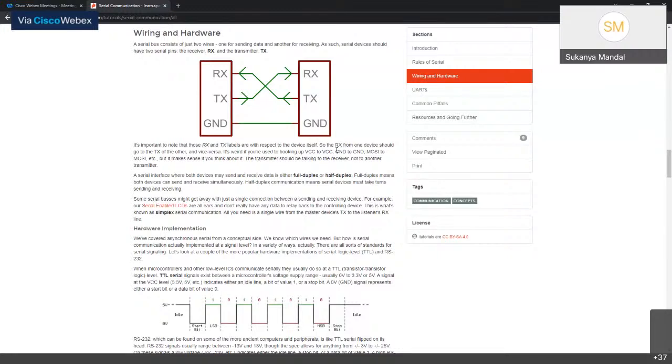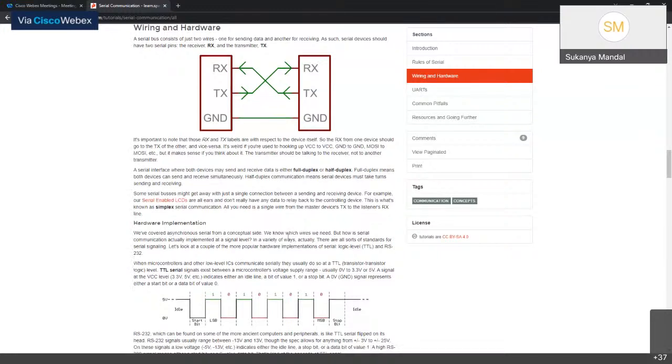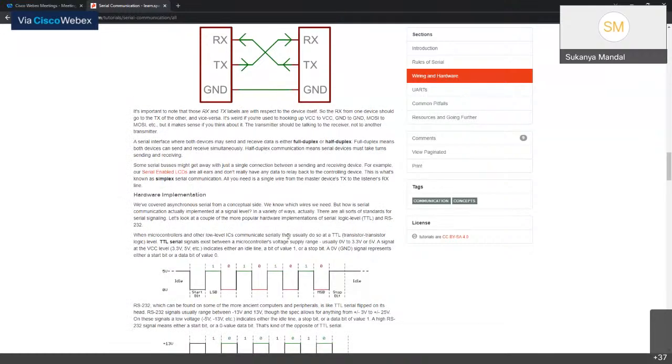So in the case of full duplex, it's two-way communication happening at the same time. In half duplex, one device sends, then the other device responds, and you just need to work in unison.